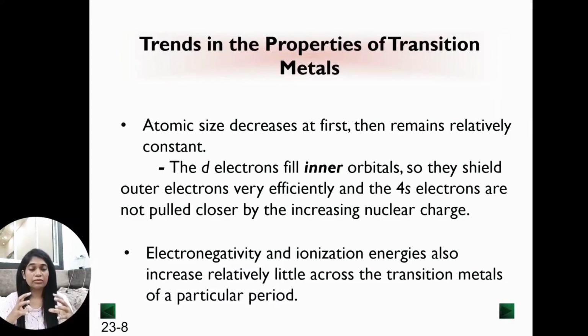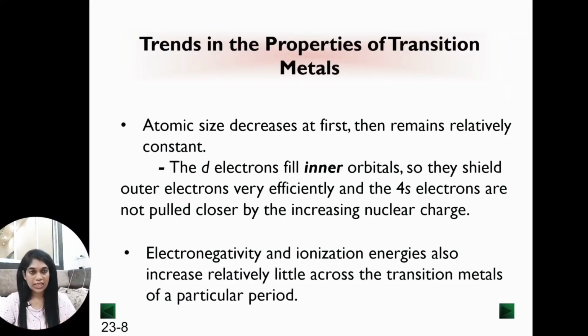If the atom size is smaller, the attraction from the nucleus to the outermost orbital is more due to the smaller size. That's why we need more energy to remove that electron. As size decreases from left to right in the periodic table, the ionization energy automatically increases.